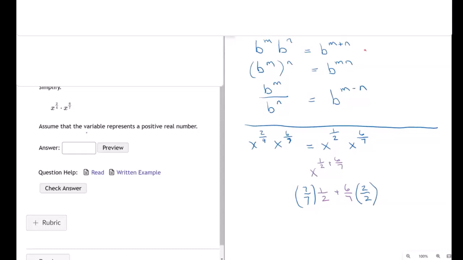And that will give me 7/14 plus 12/14, which is equal to 19/14, which means my final answer is going to be x to the 19 over 14 power. This should be my final answer.